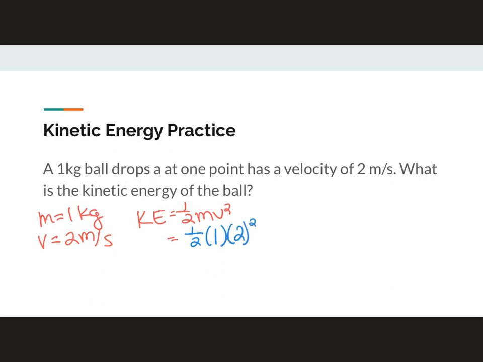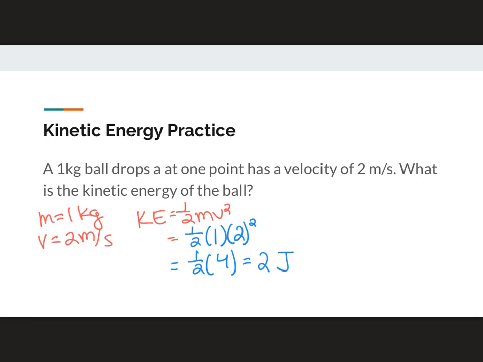Like I said, velocity is the only thing that's squared. And that squared does not change the unit as well. So if I just reduce this a little bit, I'm going to get 2 joules. So one thing that you should be able to see through this is as my mass gets smaller, so does my energy.